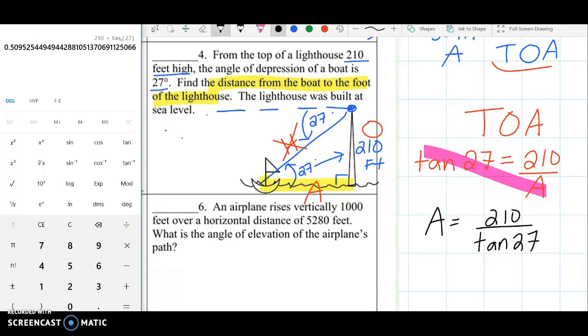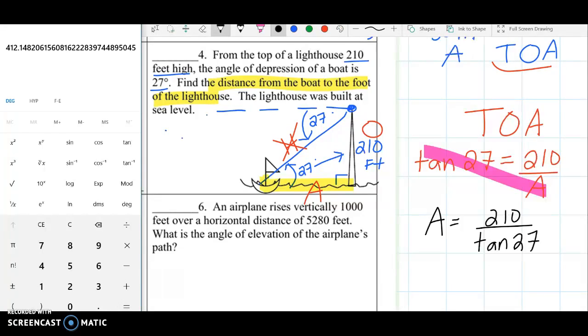So becoming familiar with what a tangent ratio or a sine ratio or a cosine ratio should look like is going to be helpful. That right there is just your tangent ratio. When you feel comfortable that yes, your calculator is doing the tangent ratio correctly, then you're going to go ahead and press equals. Do the division now. We press equals and we get 412.2.